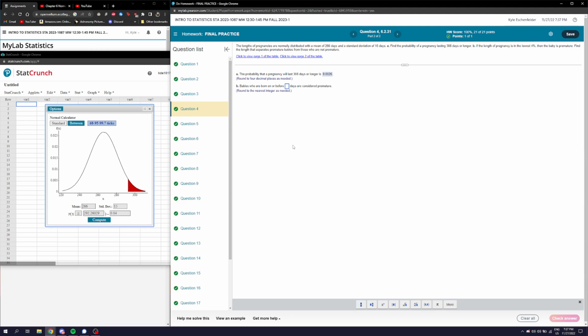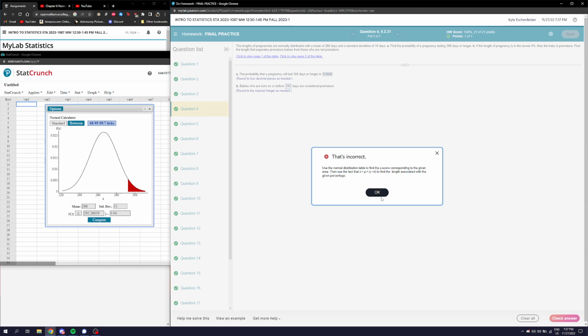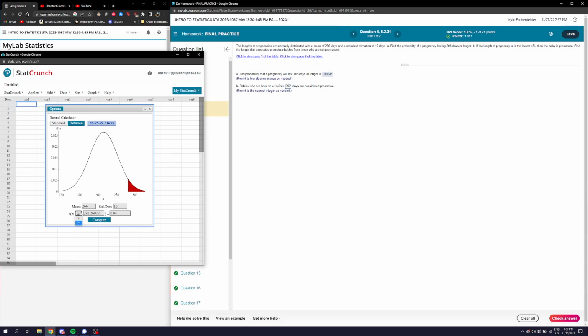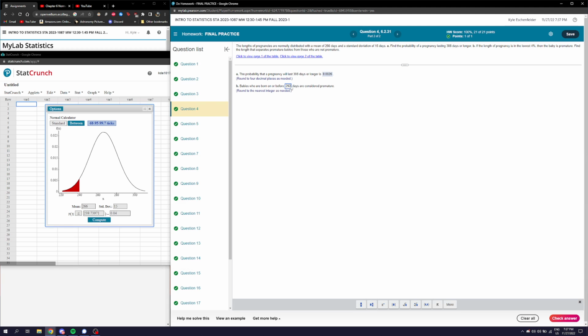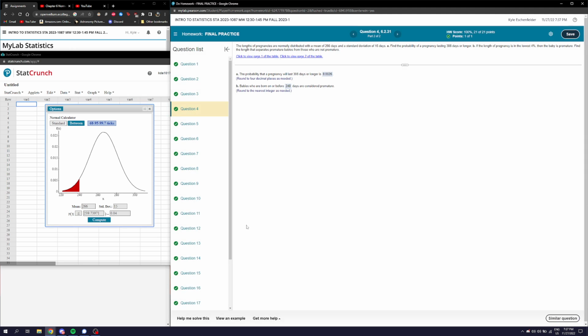Round to the nearest number, so 240. It's less than because it's just the lowest 4%.